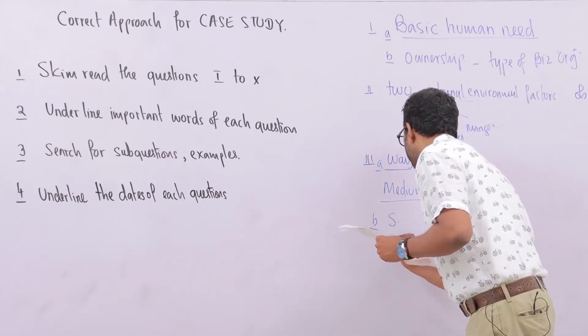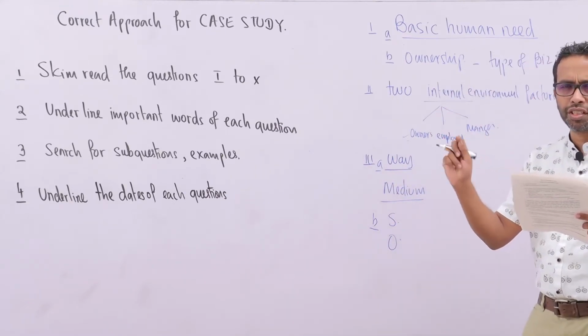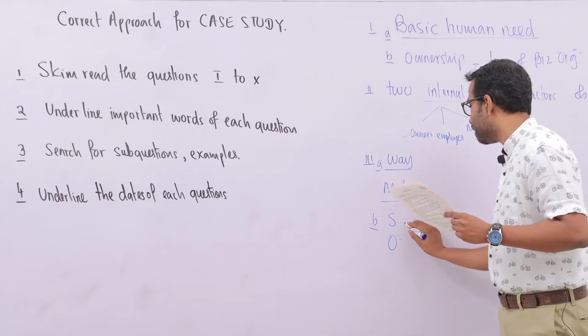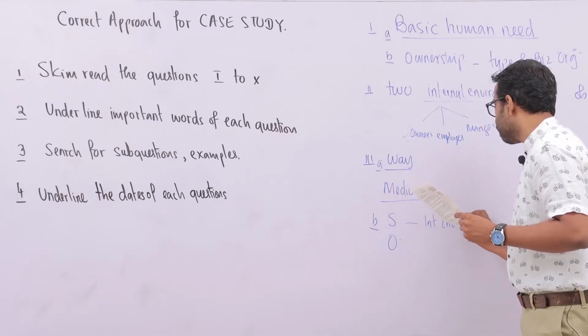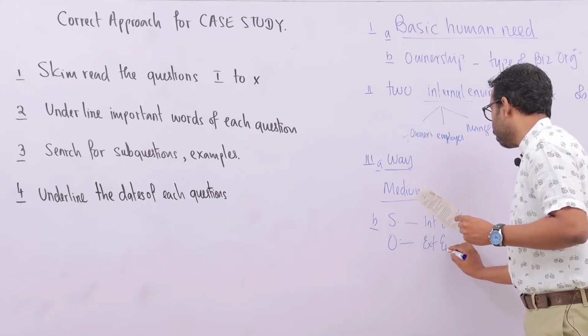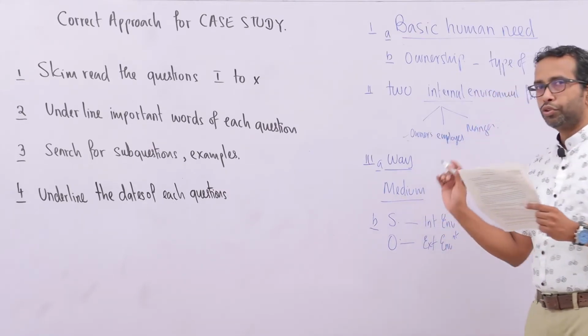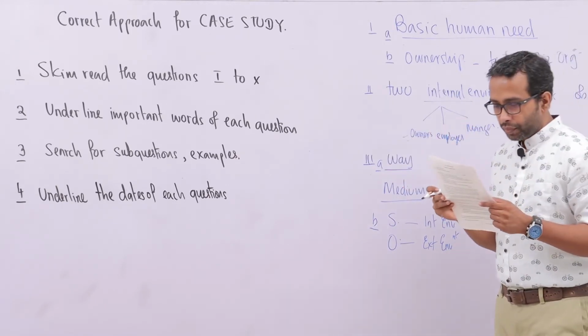You would have done SWOT analysis: strength, weakness, opportunities and threat. Strength comes from internal environment and opportunities come from external environment. So, search for that information when you read, remember.